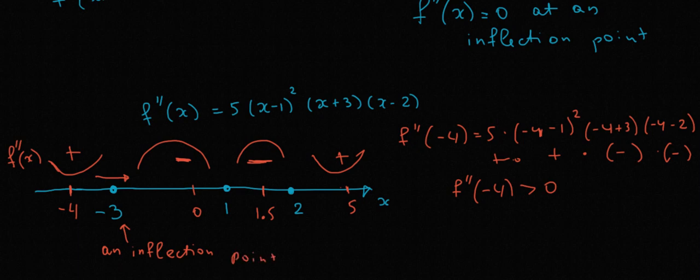Now, unlike this point -3, at the point x equals 1, even though the second derivative is 0 at that point, we do not have a sign change in the second derivative at that point. The second derivative is negative to the left of that point, and it is also negative to the right of that point, so that point is not an inflection point.